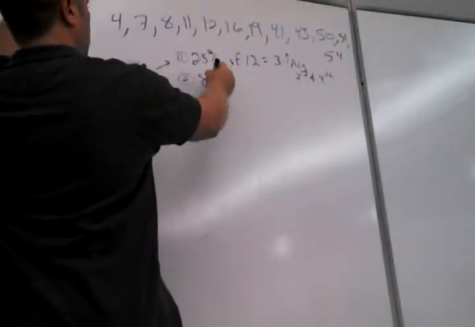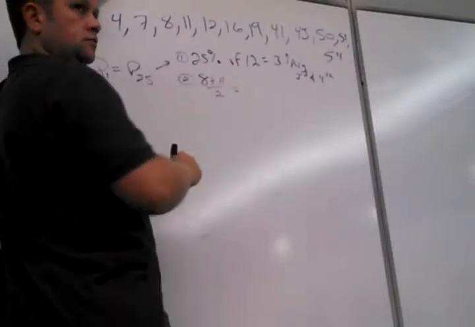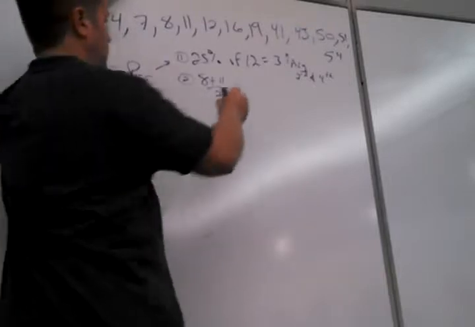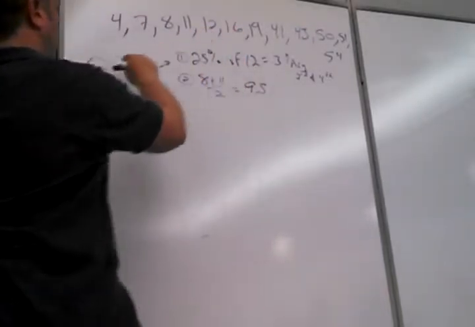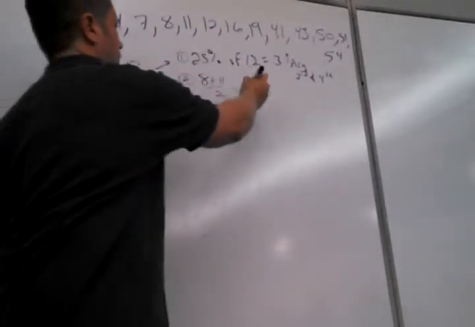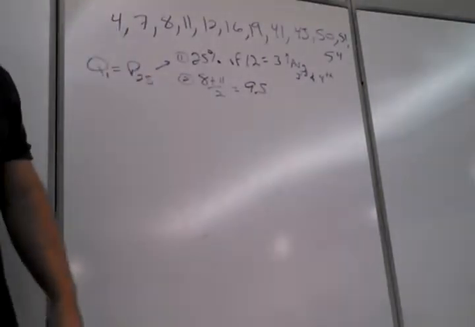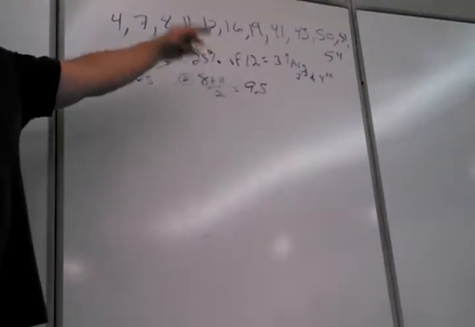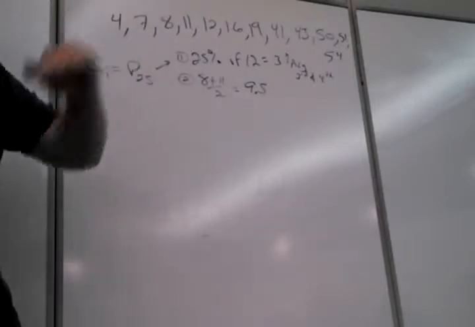So you average those together, and you get 9.5. So for this list of data, Q1 would be 9.5. Then Q2 would be P50. Take half of 12, which is 6. You average the 6th and 7th. That would be Q2.